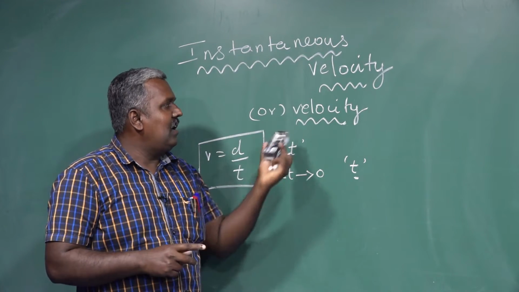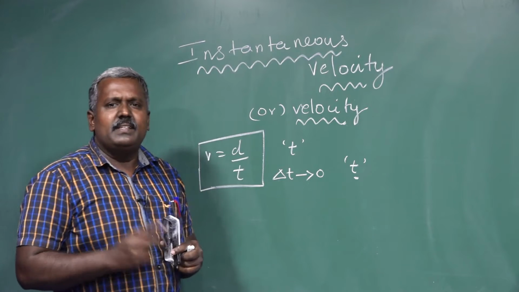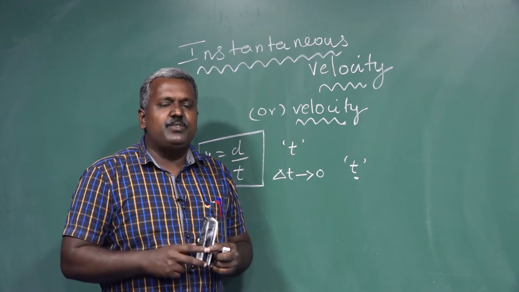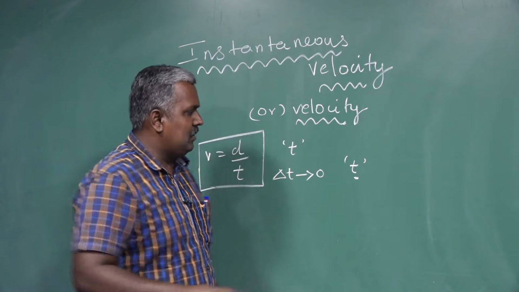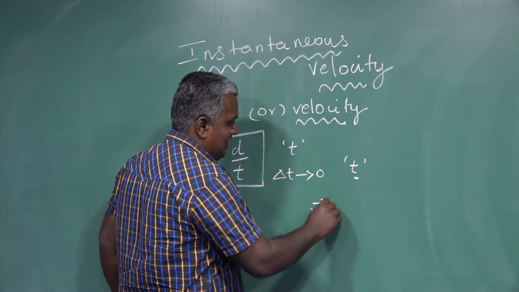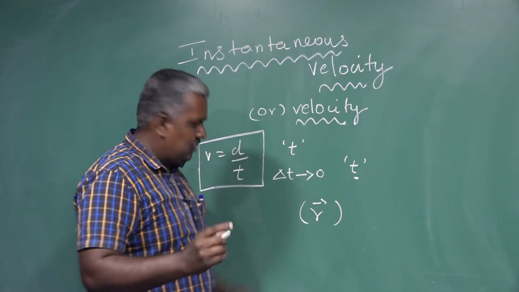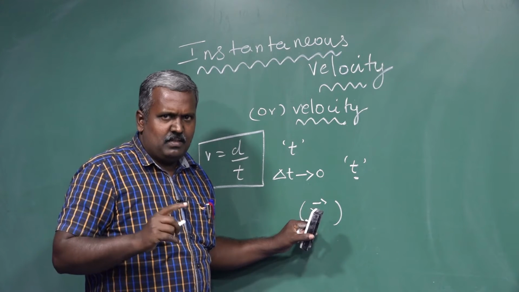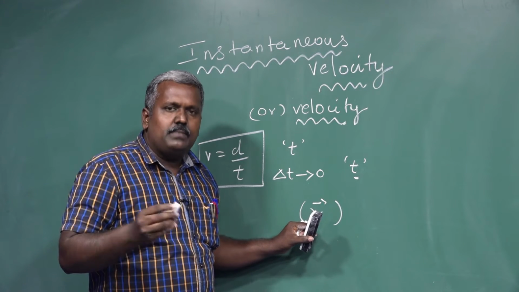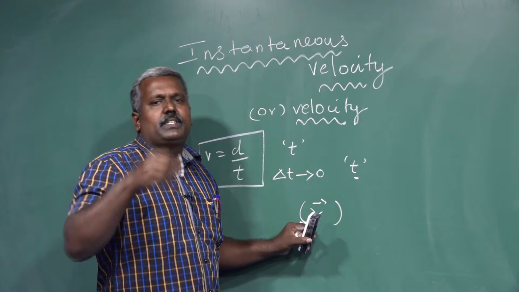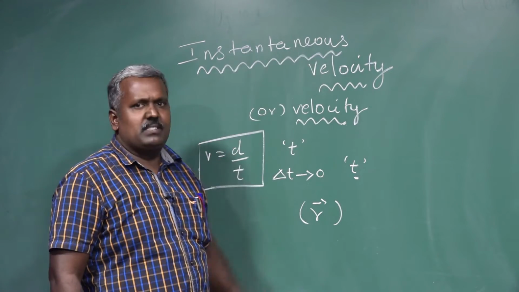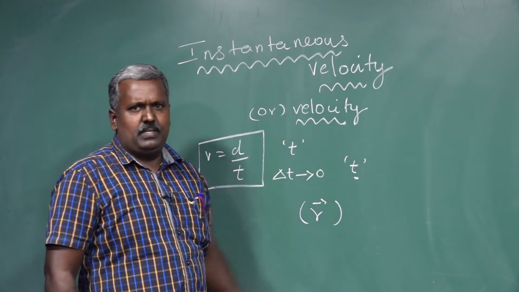Instantaneous velocity or velocity is defined as the rate of change of position vector. What is position vector? R vector. About this also you studied in last class. So the rate of change of position vector with respect to time is called instantaneous velocity or simply velocity.